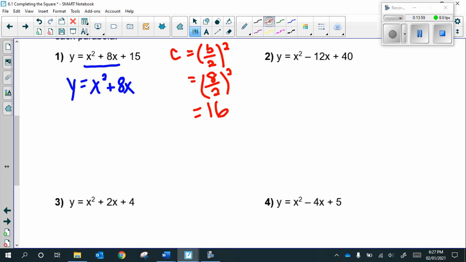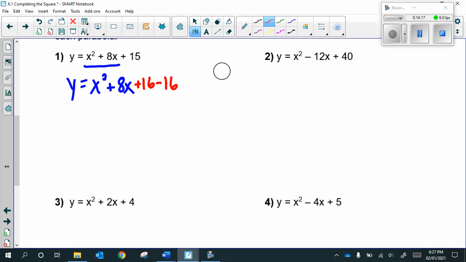So what I'm going to do here is add 16. The problem is I can't just add 16 to an equation. That changes it. So if I add 16, I also have to subtract 16.